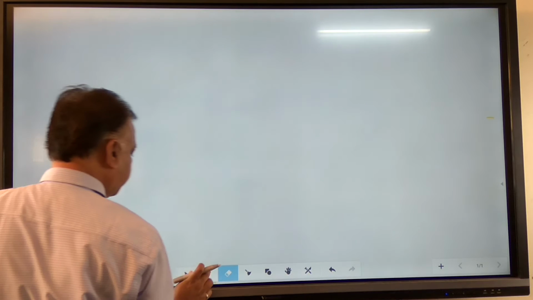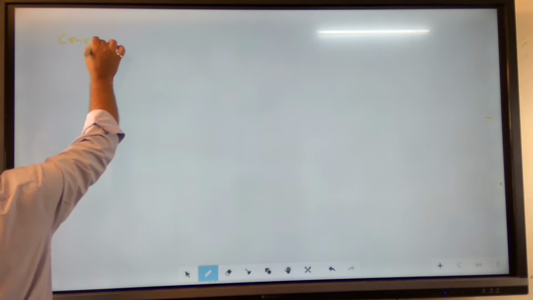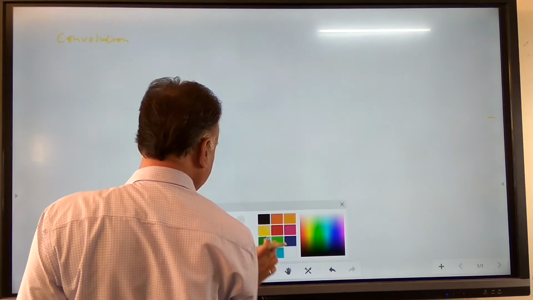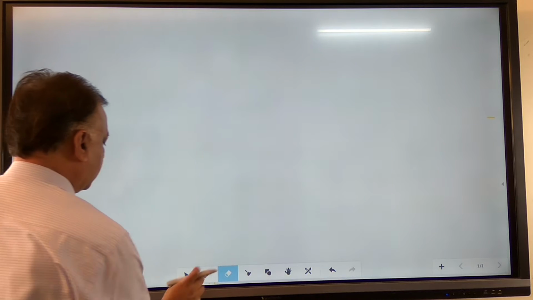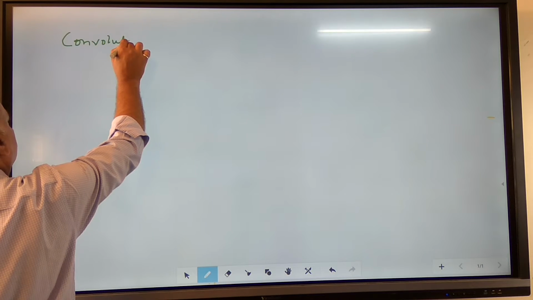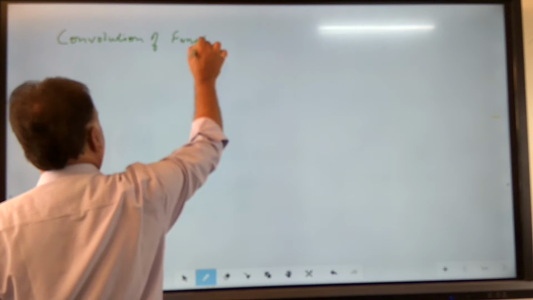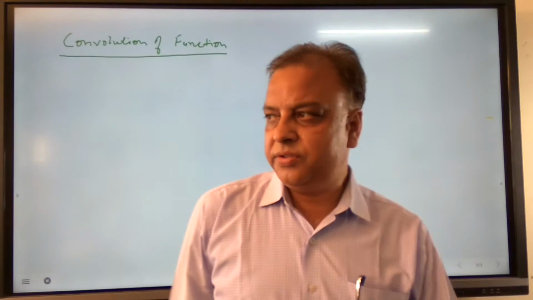So first, convolution of two functions. Convolution of two functions f and g.